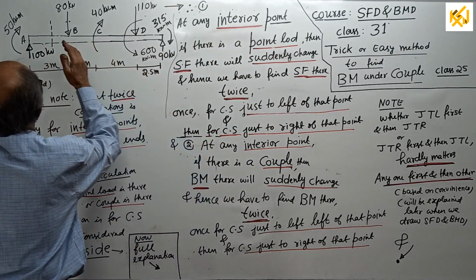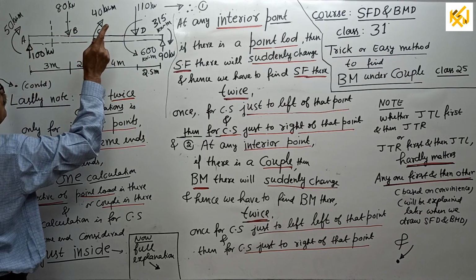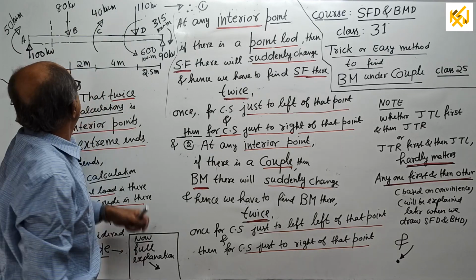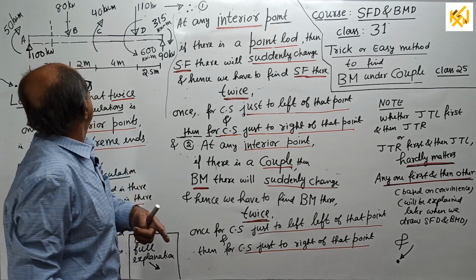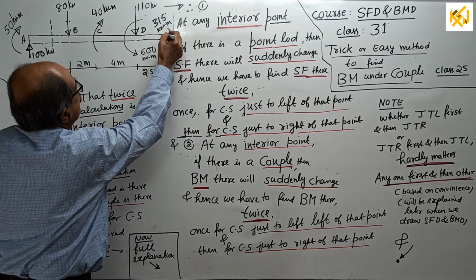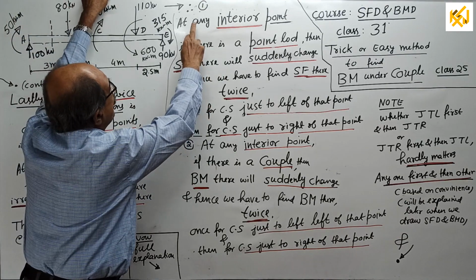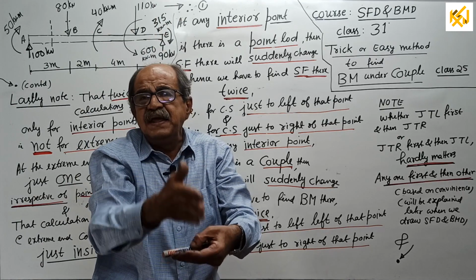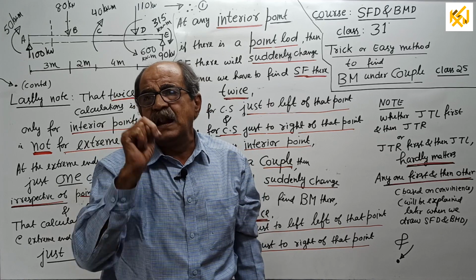Means once you find for a cross section slightly left of B, then for a cross section slightly right of B. What you call later is shearing force at B just to left of B, then you will write shearing force at B just to right of B. One important concept: when a point load is acting, shearing force calculation twice.